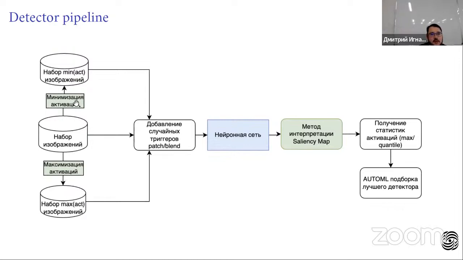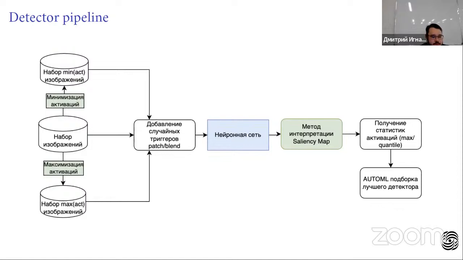It is the same method, but with the opposite sign. Then we combine them to create a batch. A batch consists of 3 types of images: clear images, images with a patch attack, and images with a blend attack.